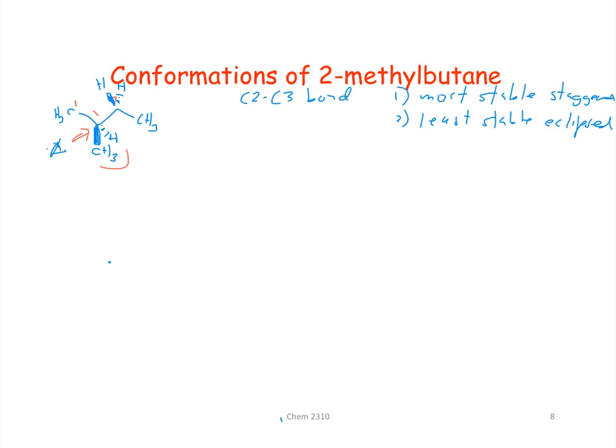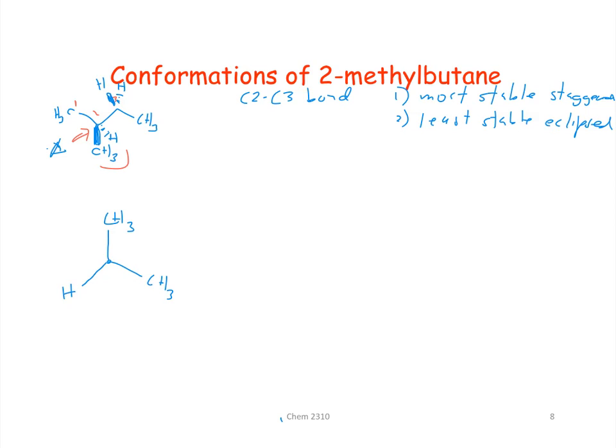Remember, the carbon in front is with a dot. We're going to have a methyl group up like this, so that's going up to 1. The wedged bond is going out to my right, so that's over here, and then the dashed bond is over here, and that has an H on it. Right, so that's the carbon in front, so that's carbon 2.